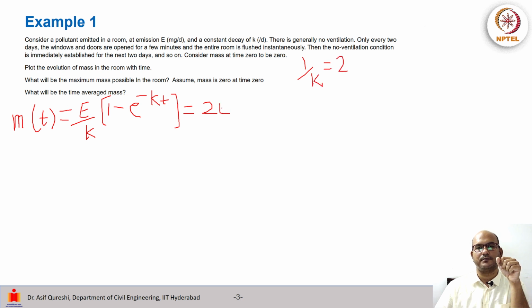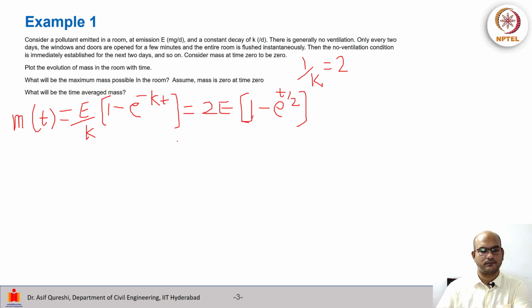So we have 2E times 1 minus e to the power minus t by 2.